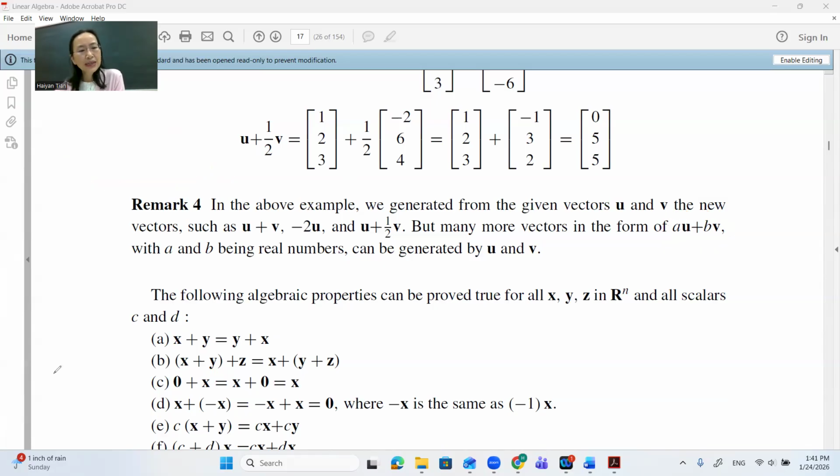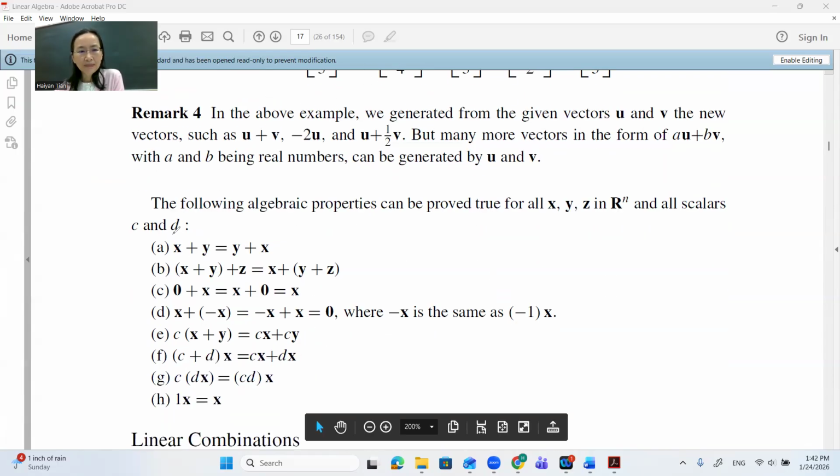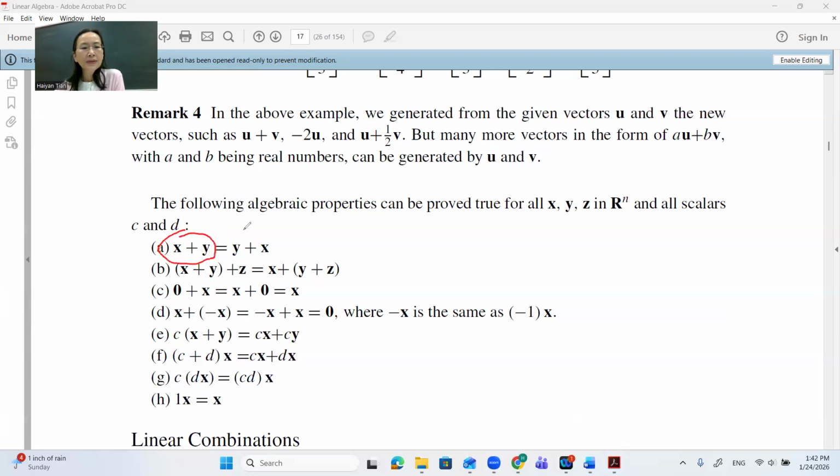So with the definition, we can easily verify the following properties. This is a commutative property. That means you can change their spots. x plus y is the same as y plus x, due to the fact that we're simply adding the corresponding entries. Immediately, we can also verify that the associative property is true.